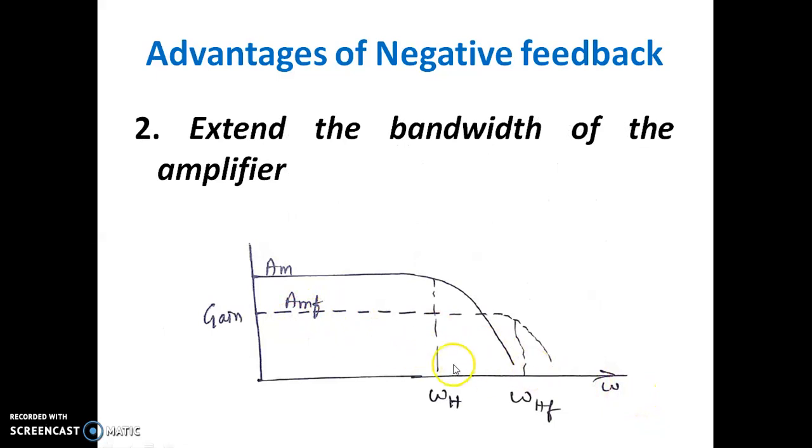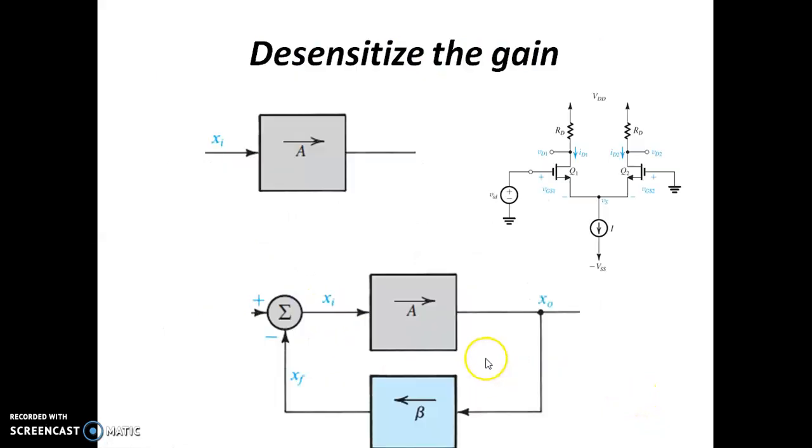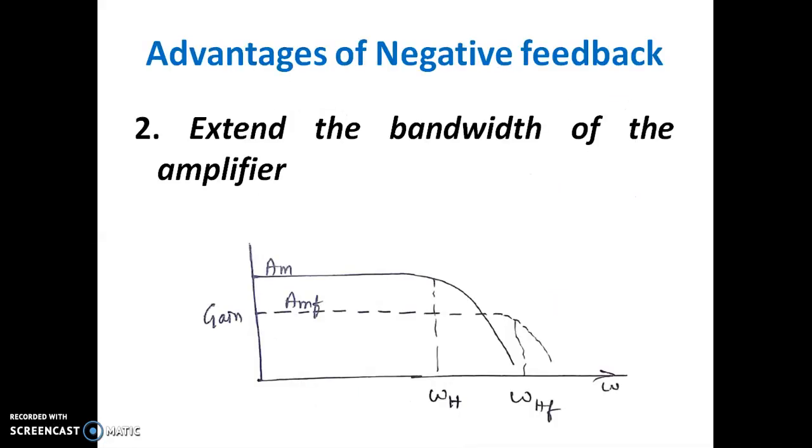Then extending the bandwidth of an amplifier, and most importantly, making the gain desensitized to changes in circuit parameters, which usually happen due to changes in temperature. So these are the 5 major advantages of going for negative feedback in an amplifier.